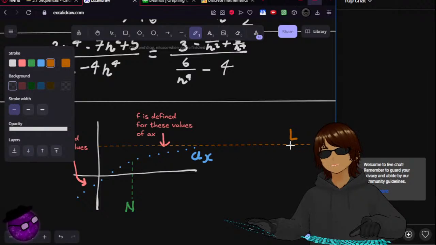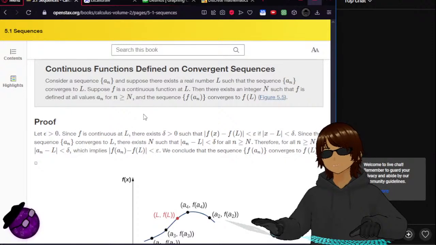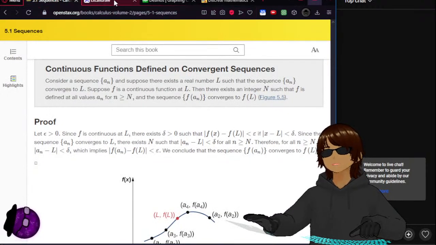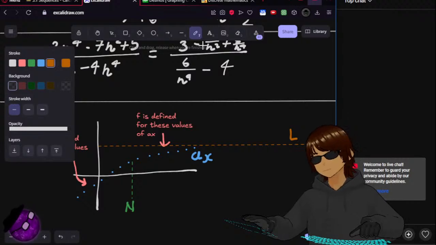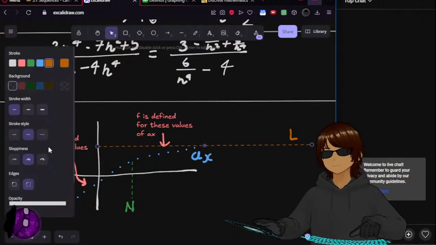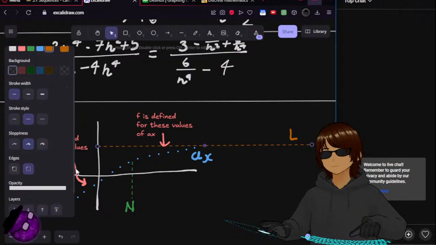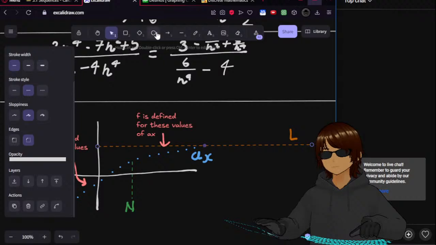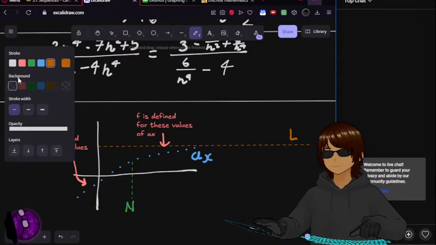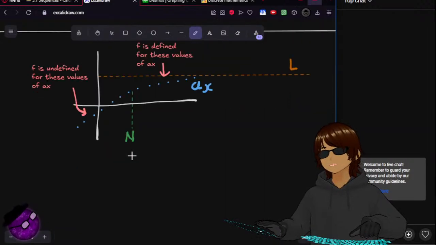If the sequence is converging to L and f is defined for all of these sequence values, then f of a_n converges to f of L, right? That's how I understand it.